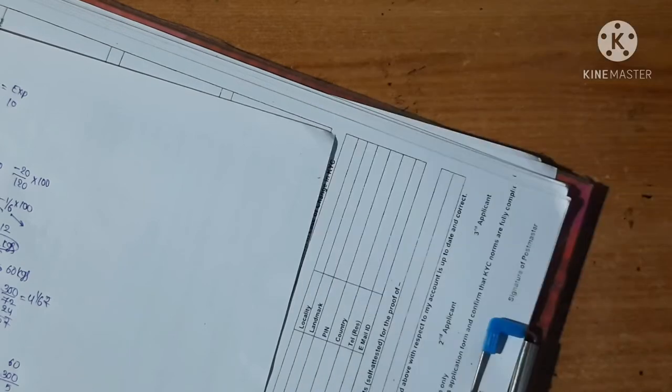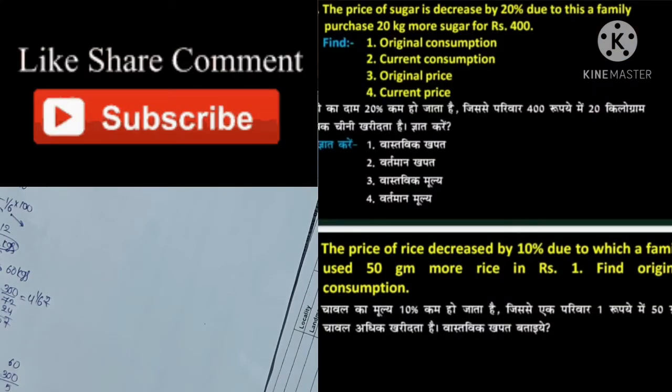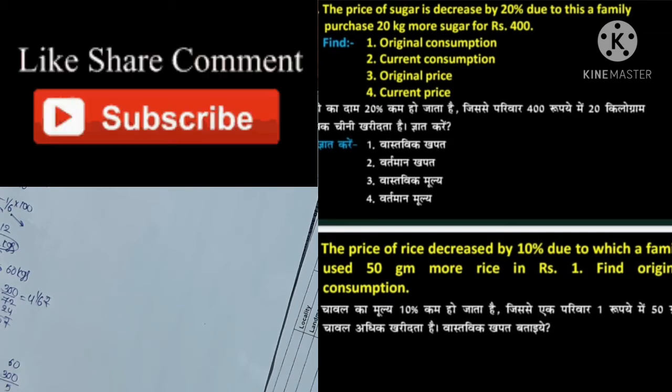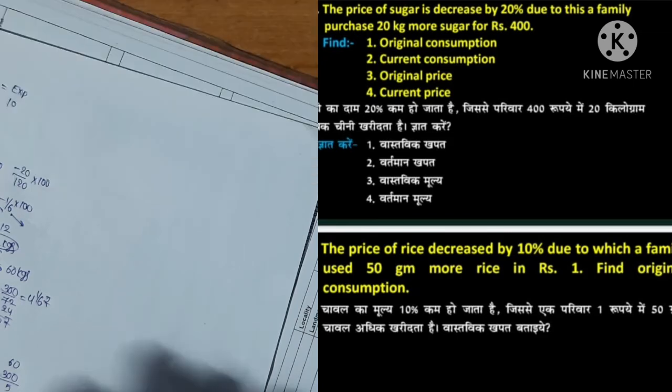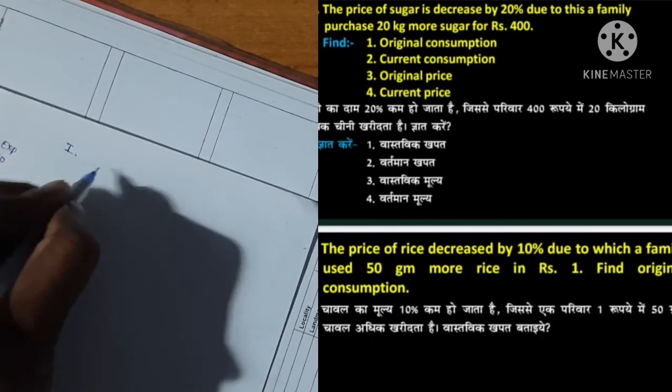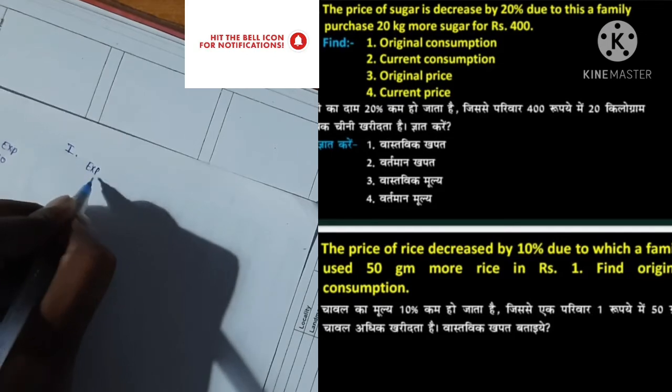The price of sugar is decreased by 20%. Due to this, a family purchases 20 kg more sugar for 400 rupees. Find original consumption, current consumption, original price, current price. So take expenditure as 100.